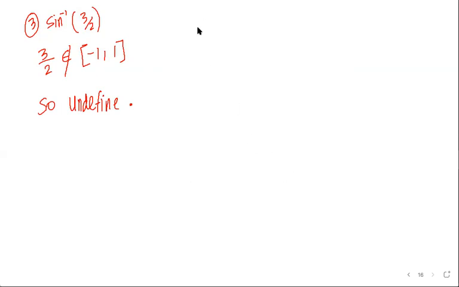Okay, another example. The example is if I find sine inverse of sine of π/3.